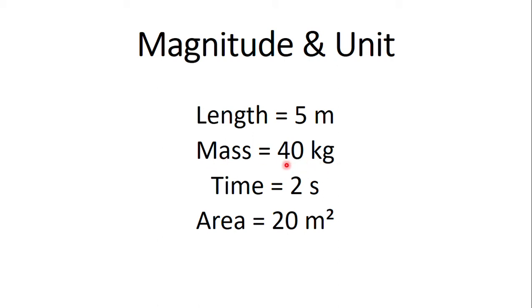The first part 40 is the magnitude or the value and the second part is a unit. Kg is the SI unit of mass, and time we express with the SI unit second, 2 s, that is 2 second. 2 is the magnitude and s is the unit, and area is 20 meter square, where 20 is the magnitude and meter square is the unit. So a physical quantity always has two parts. The first part is the magnitude and the second part is the unit.